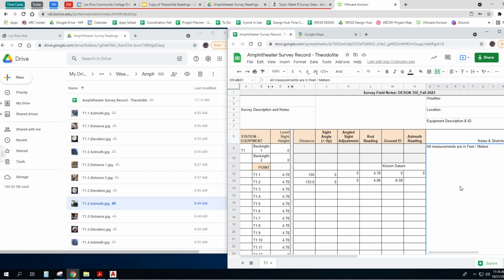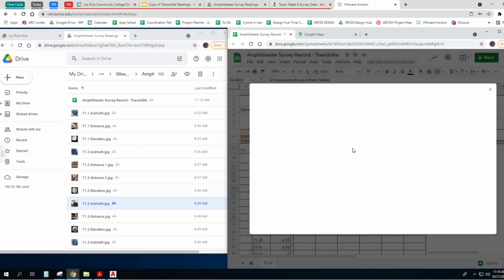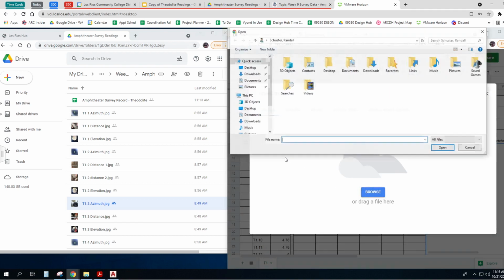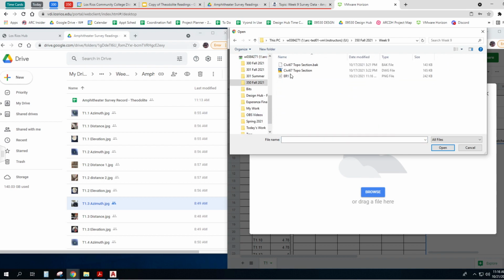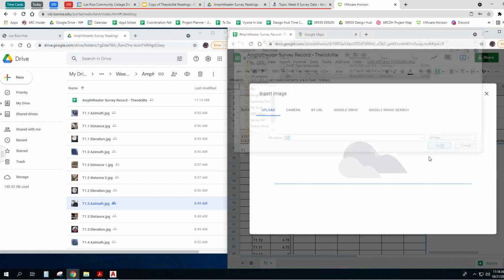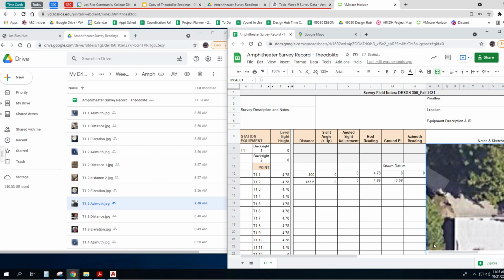You can actually put that right in there. Insert the image in the cell from there it is.